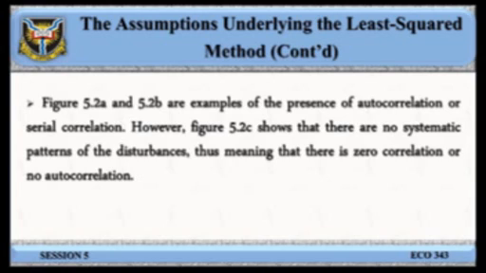If all the x values are identical, then xi is equal to x bar. 8. The regression model is correctly specified. Alternatively, there is no specification bias or error in the model used in empirical analysis. The classical econometric methodology assumes implicitly, if not explicitly, that the model used to test an economic theory is correctly specified.